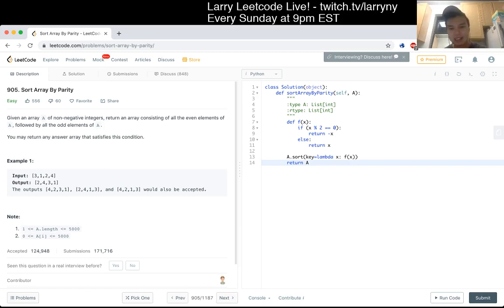This is n log n because we do a sort, but there's actually a linear way to do this. There are things similar to bucket sort or radix sort, one of those linear sorts, so you could do it in linear time.